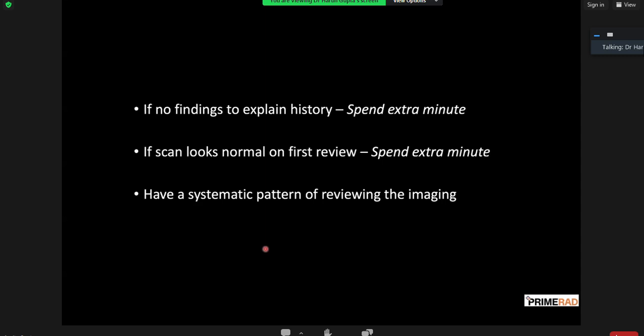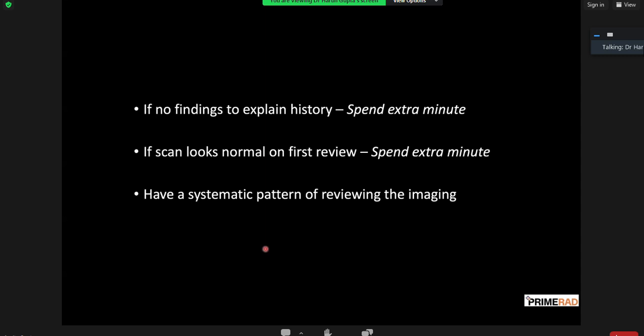So what I tend to do is, if I do not find anything to explain the clinical history, so whatever the clinical history has been provided, and I do not find anything in the imaging to explain it, I spend an extra minute looking at the imaging.